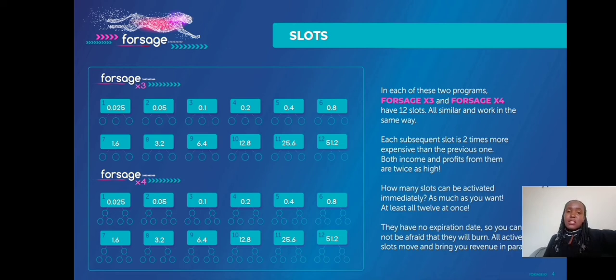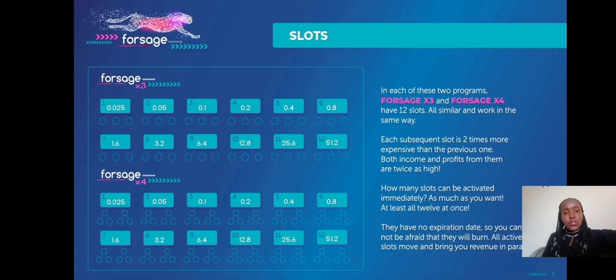This means that even the income from the subsequent slot is twice as high as the previous slot. Each of the Forsage X3 and Forsage X4 has 12 slots. These slots have no expiration date, which means you can earn from them unlimited times, forever.